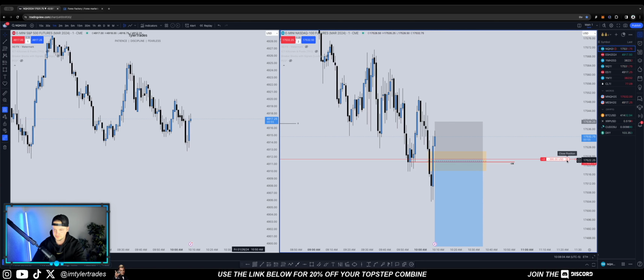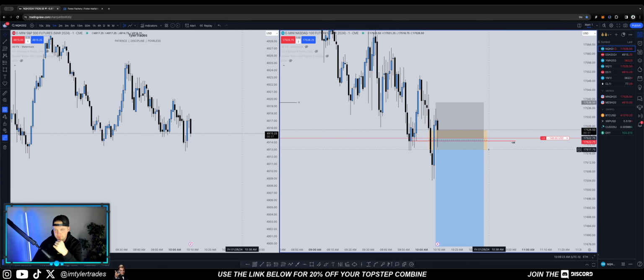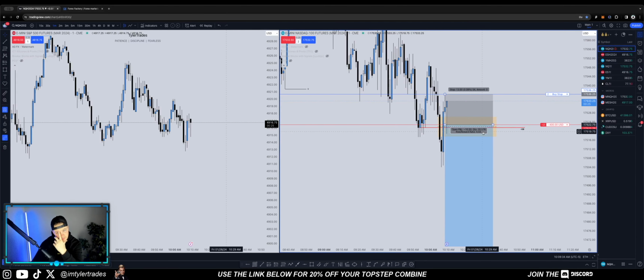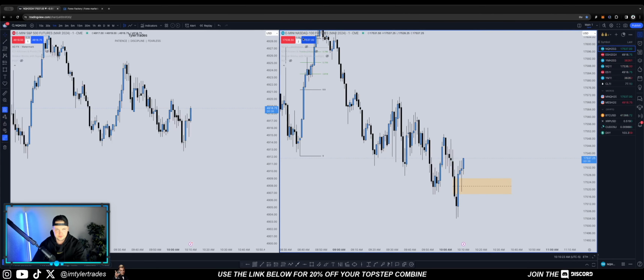This is bad. All right, put my stop. I'm just gonna put my stop above this last high that got put in. Looking like it's inversing this gap and going long. Kind of sucks. All right, stopped out.